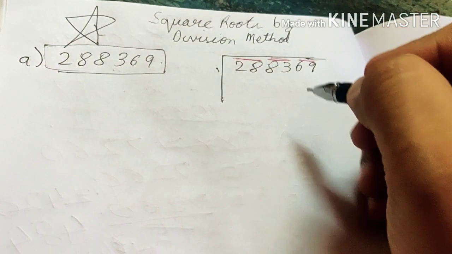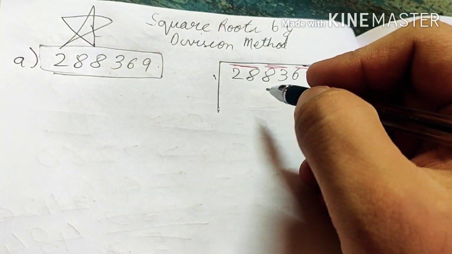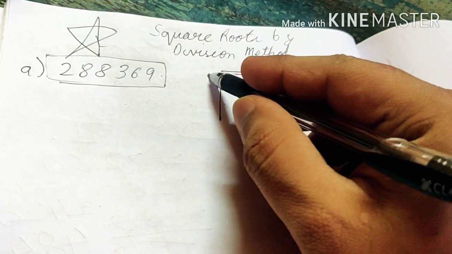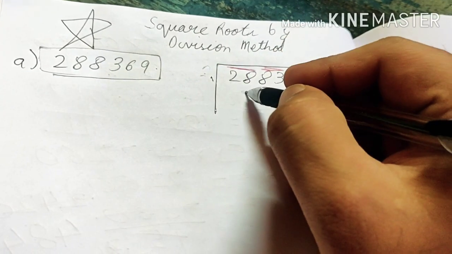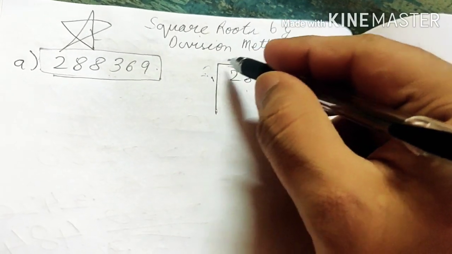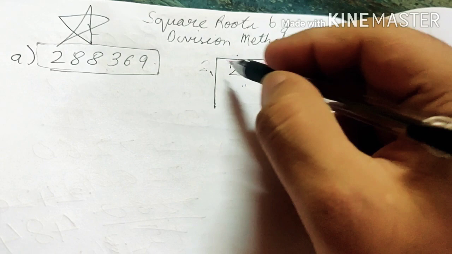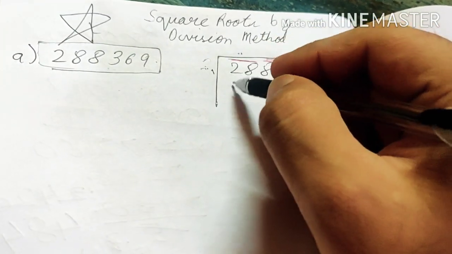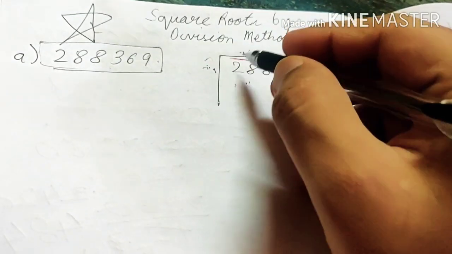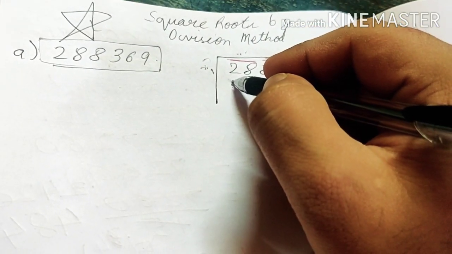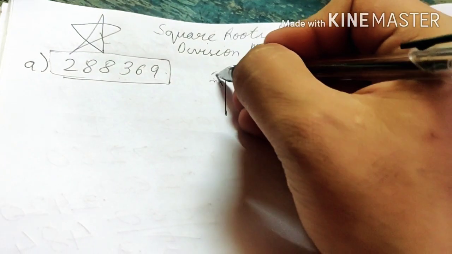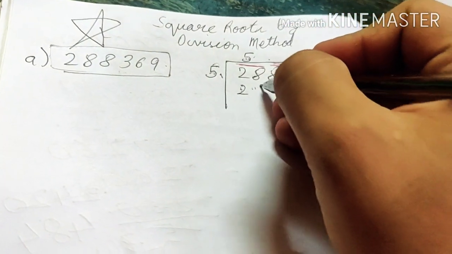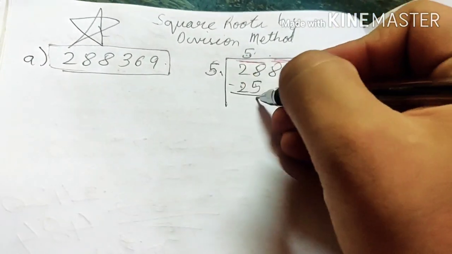So here we will find the number whose square comes just before it. 2 twos are 4, 3 threes are 9, 4 fours are 16, 5 fives are 25, 6 sixes are 36. It is greater than 28. So we will take 5 fives are 25, and the remainder is 3.